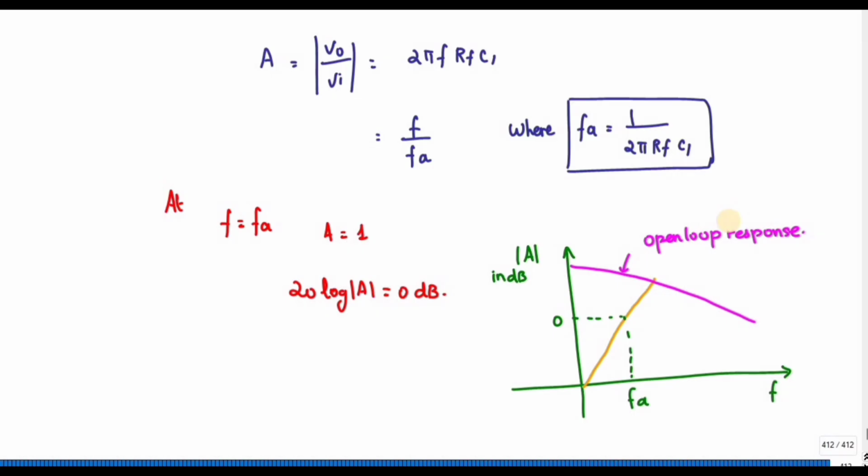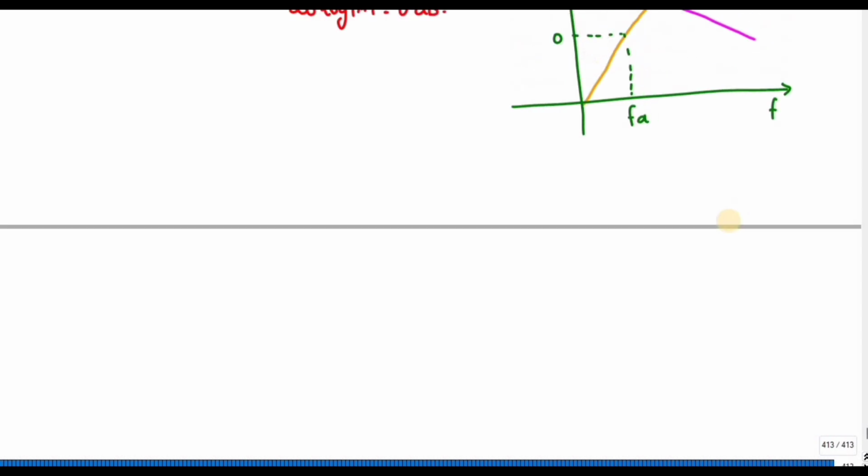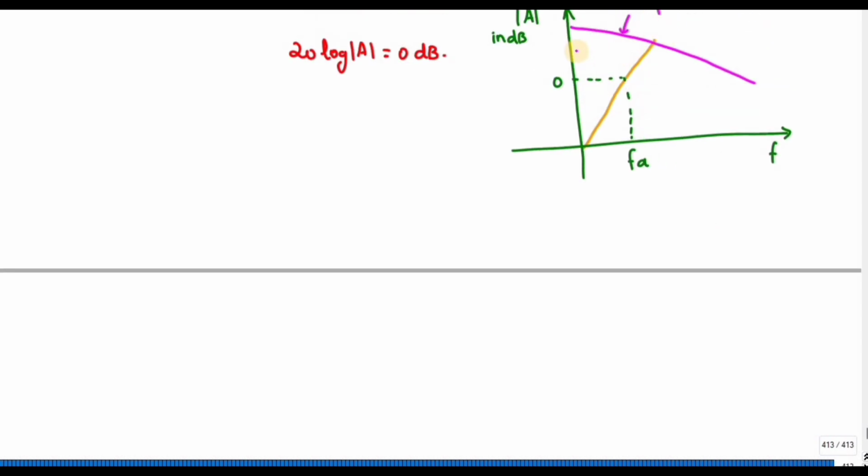Let us now discuss the limitations of this circuit. Let me take this as 20 and this one as minus 20. Once it reaches this value, if I increase the frequency, the gain gets decreased.